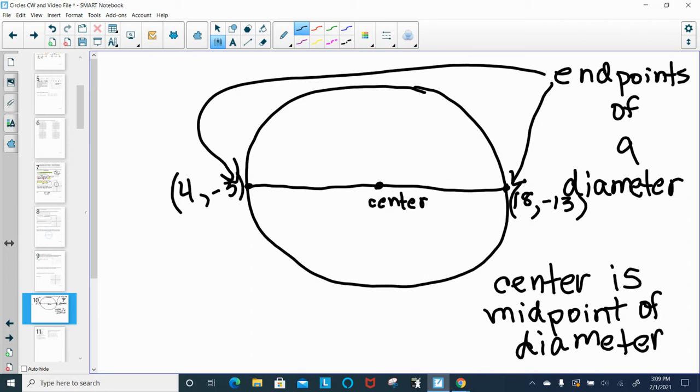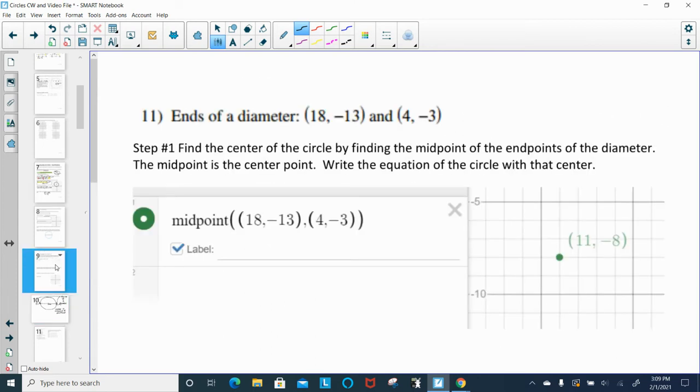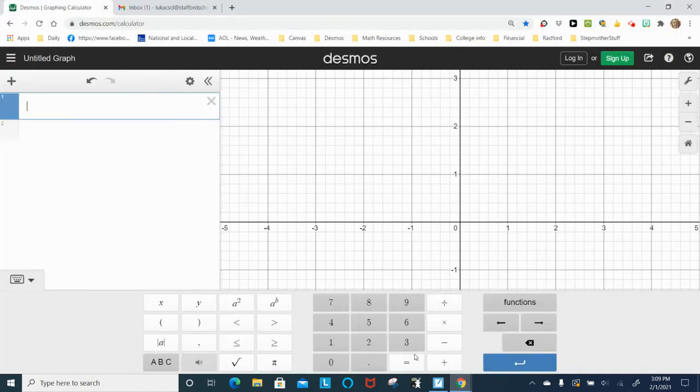If we could find the midpoint of those 2 points, halfway in between, we would know the center. So basically, step 1 is saying that. So remember, you can go into Desmos, type in the word midpoint and the 2 points. And I'm going to show you how to do that real quick. Even though it's there in your notes, I do want to show it to you.